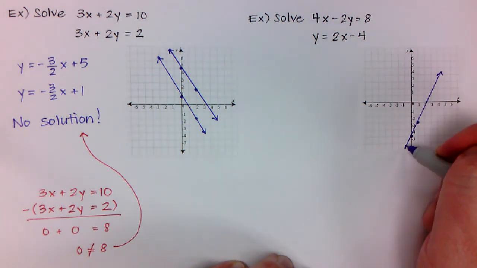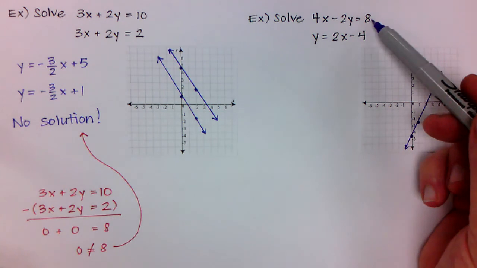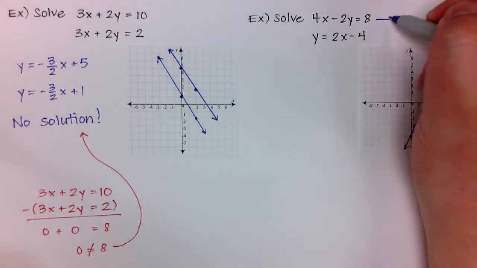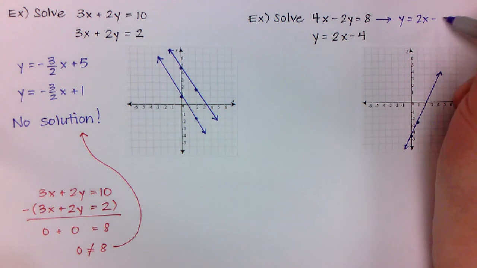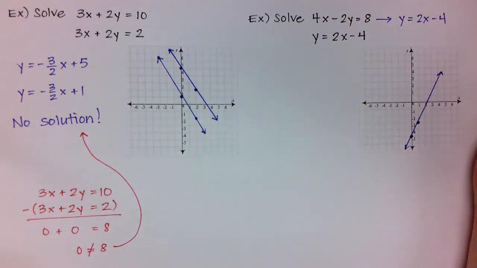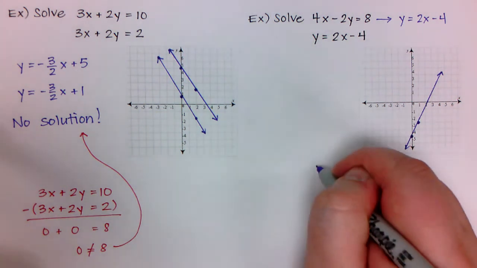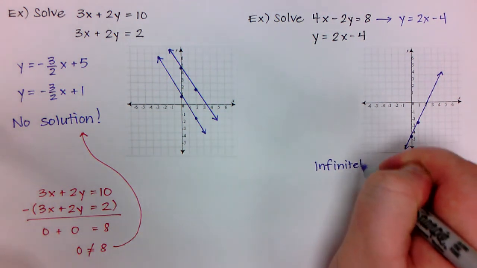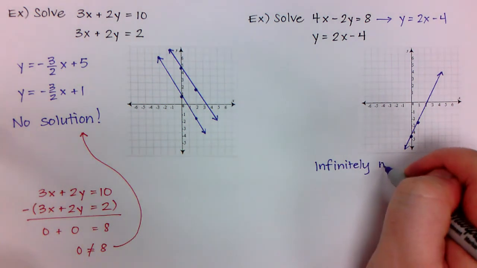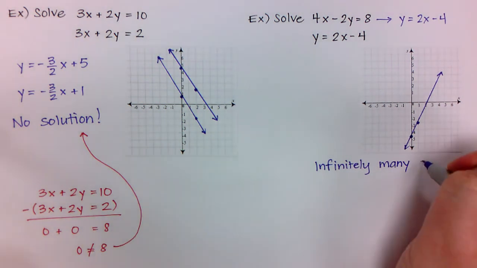Awesome. And then if I rewrite the first one to get the y alone, you're going to find it's going to be the exact same equation. So if I'm graphing it, it's going to be the exact same thing, which means that this is going to have infinitely many solutions. And that would be my answer.